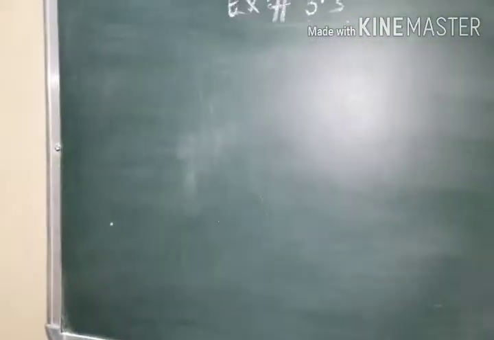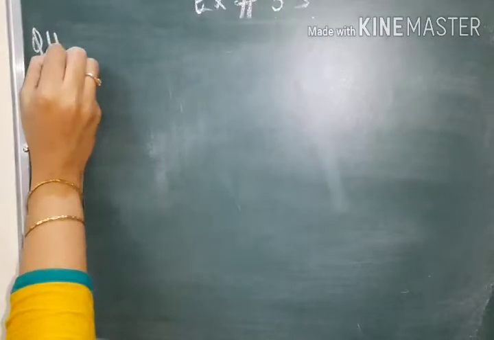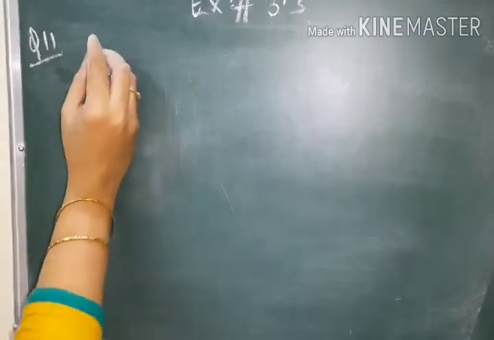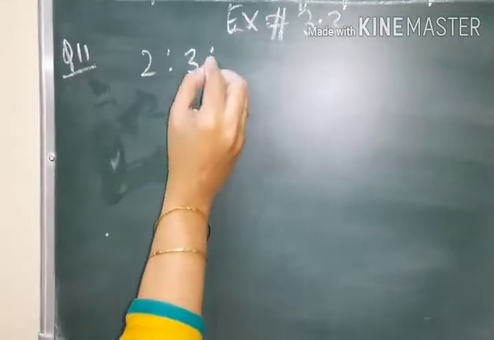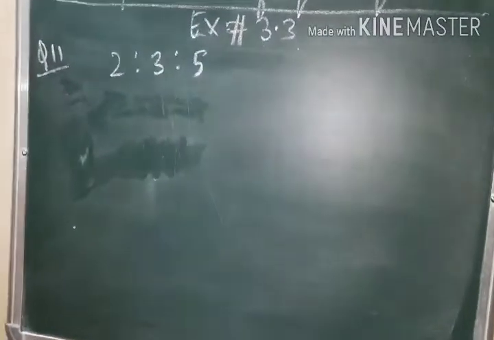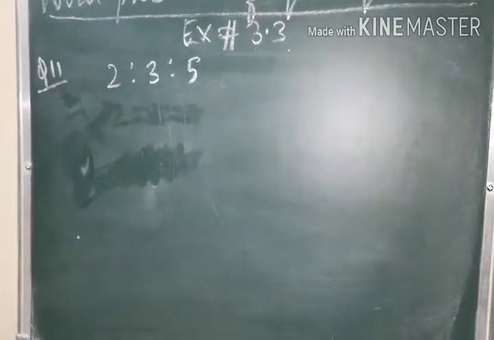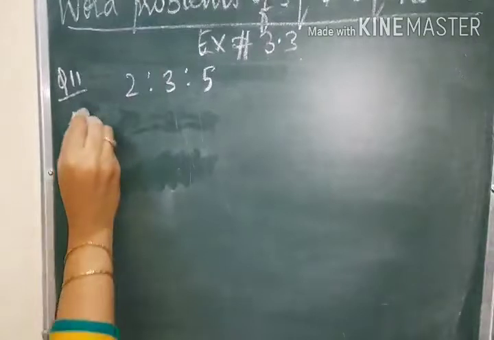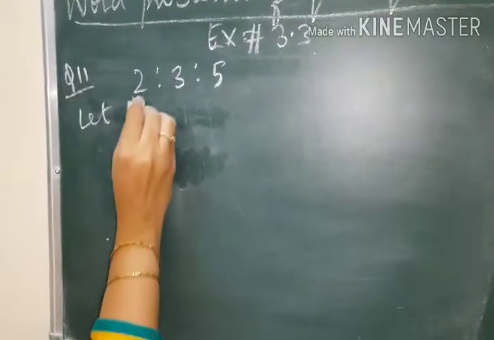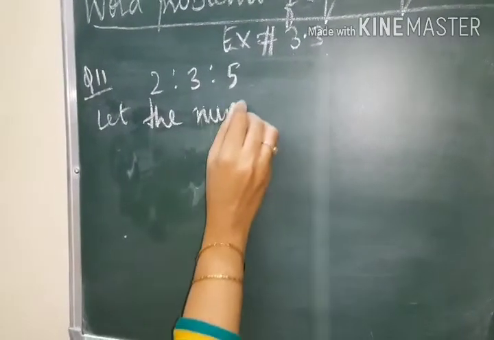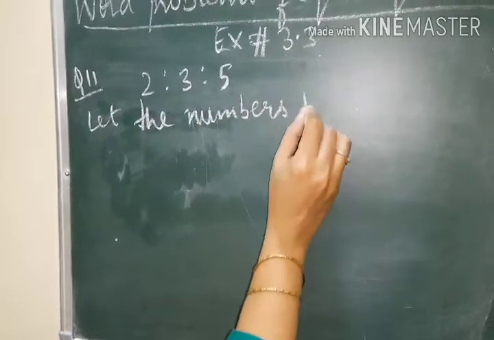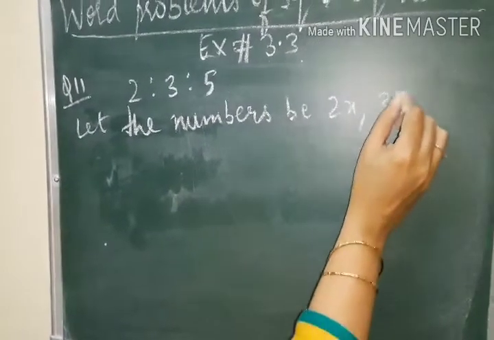Now for question number 11, find three positive numbers in the ratio 2:3:5. Now whenever some ratio is given, I told you earlier also, you take a common ratio with it, that is, we'll take x. So let the numbers be 2x, 3x and 5x.